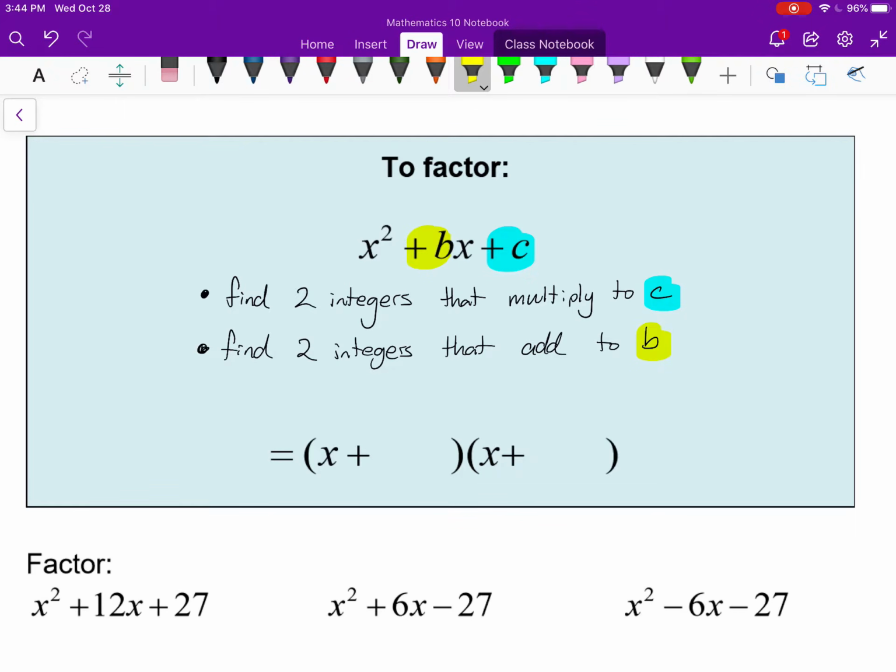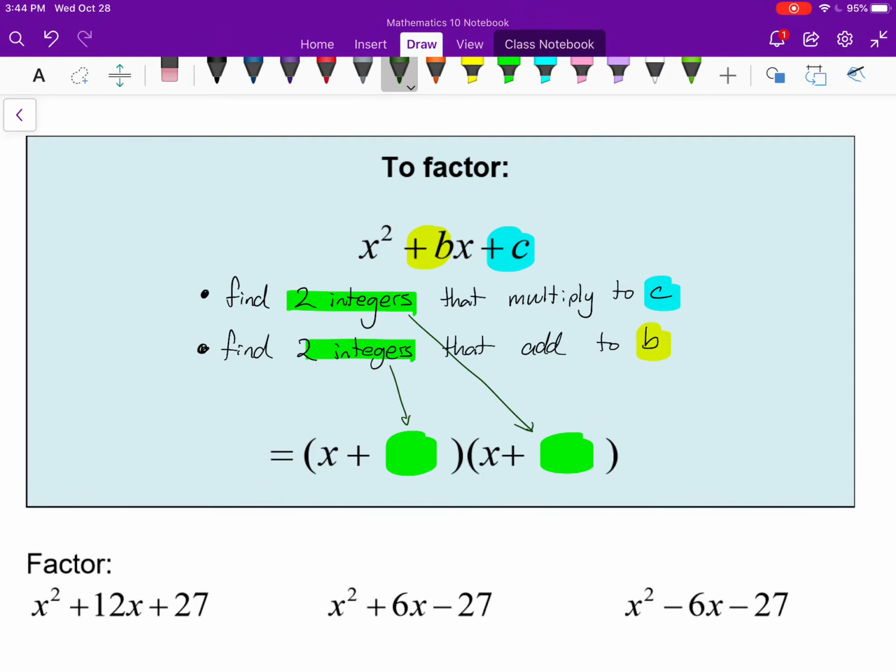And whatever those 2 integers are, those are the numbers that go here and here. So if those 2 integers are 2 and 3, it's going to be x plus 2 and x plus 3. But there has to be 2 integers, the same 2 integers, that multiply to c and add to b.